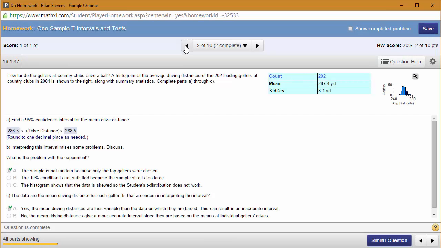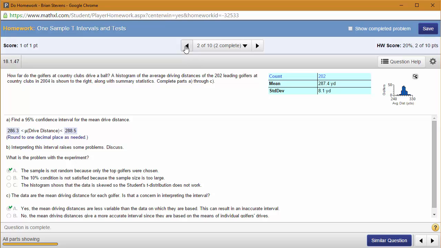And this is not the original distribution, because we're kind of taking the mean of the means. So this isn't an accurate depiction to figure out the average driving distance of our golfers, because this is not the way we do our statistics.